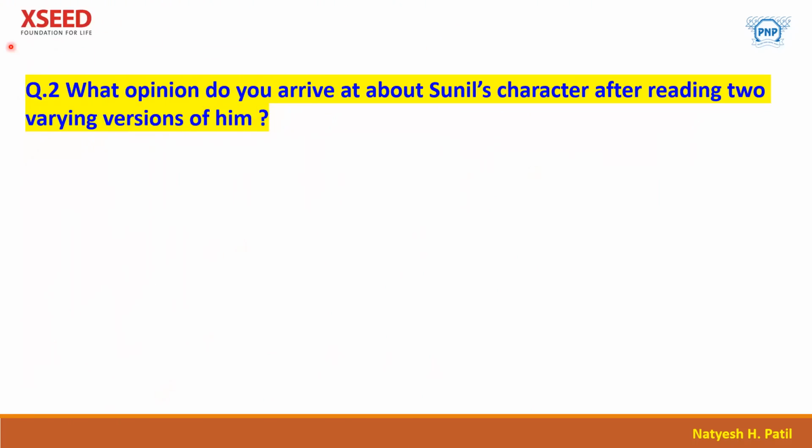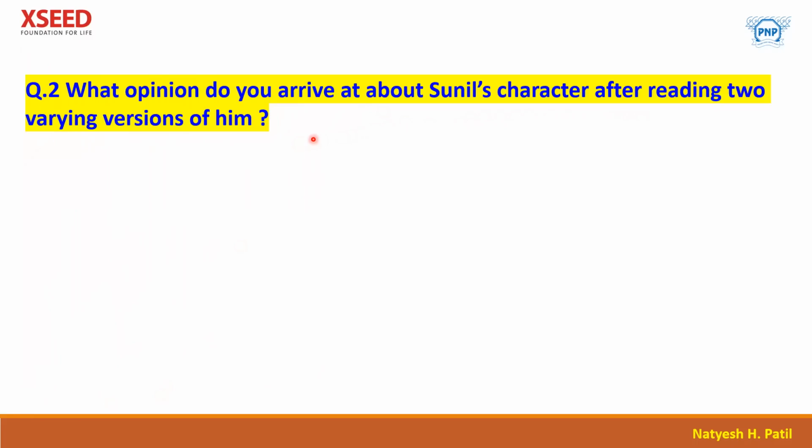What opinion do you arrive at about Sunil's character after reading two varying versions of him? Varying means different versions of him. What is your opinion? According to Sunil, he's very good, he's helpful towards others, he's very brave also. But when we read Anu's diary, our opinion about Sunil changed.